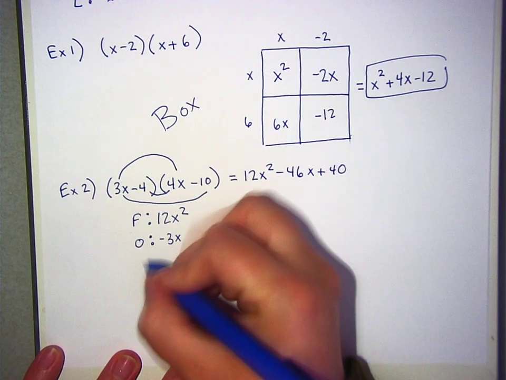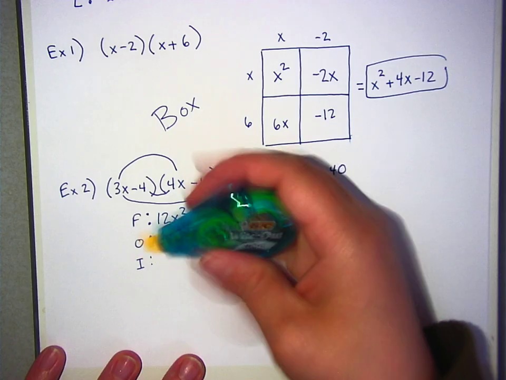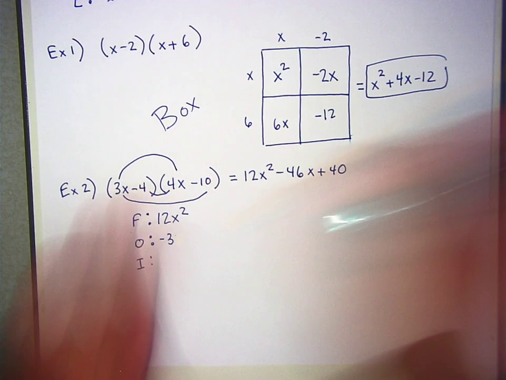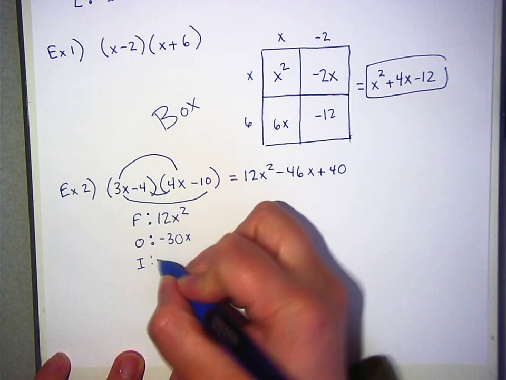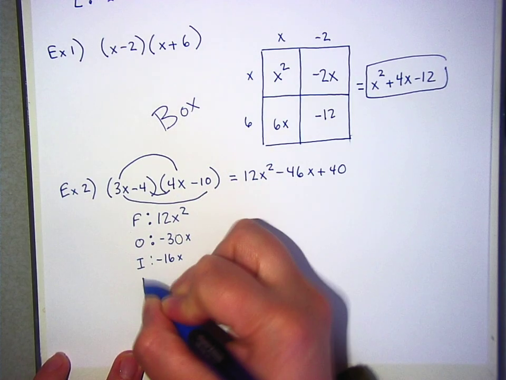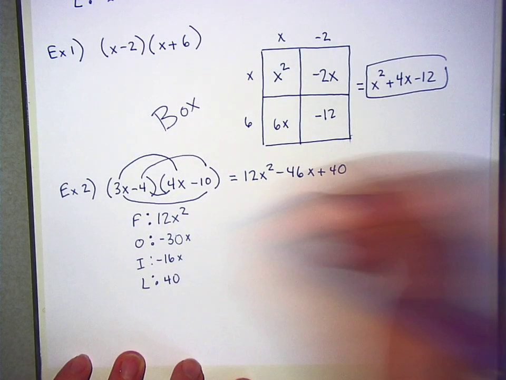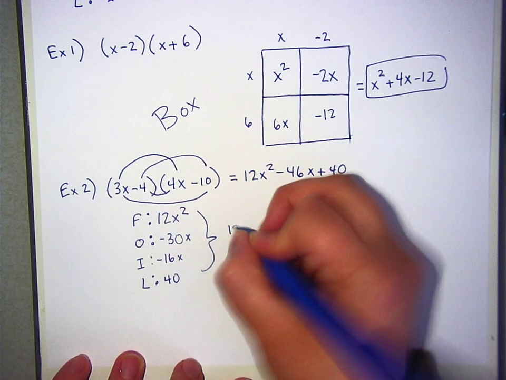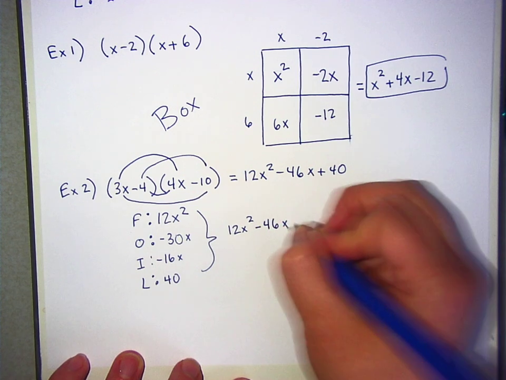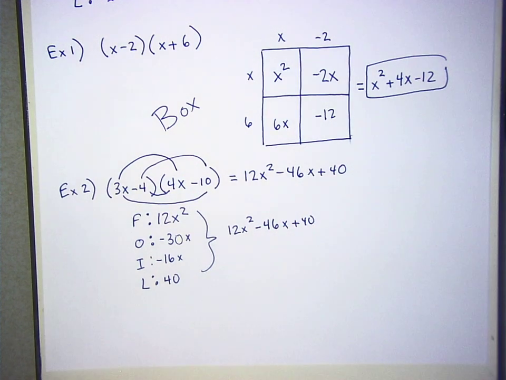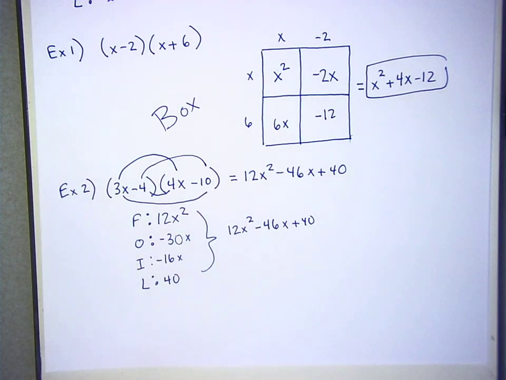Inner is right here, negative 16x. And the last ones are 40. And then if I put them together, I end up with 12x squared minus 46x plus 40. Because all I'm doing is the middle two are going to be combined together.